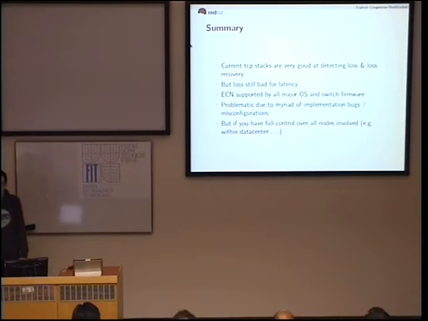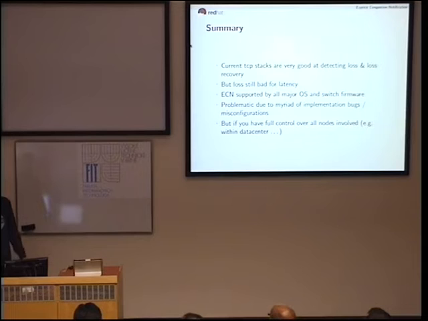So to summarize that a bit, the current TCP stacks are very good at detecting loss and retransmitting packets really fast again. But of course that's still bad for latency because we have to wait until the packet has been retransmitted before the receiver can actually proceed. The good news is that this extension is present in all the major operating systems and in all the current generation switch firmware.